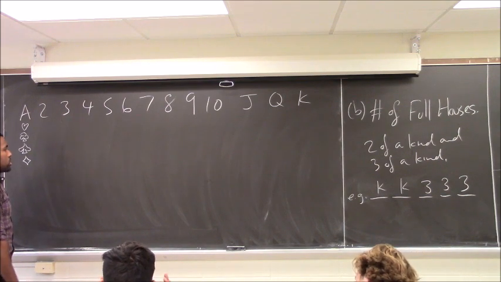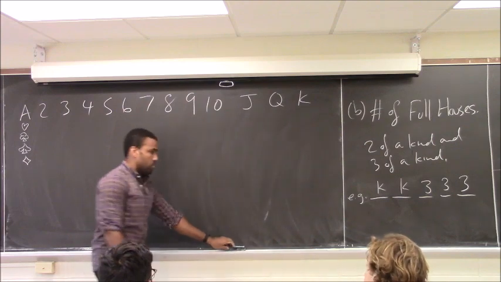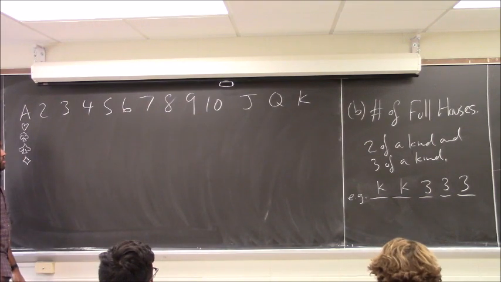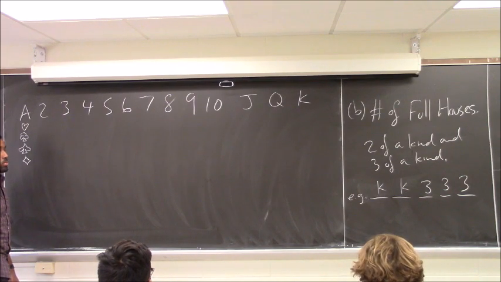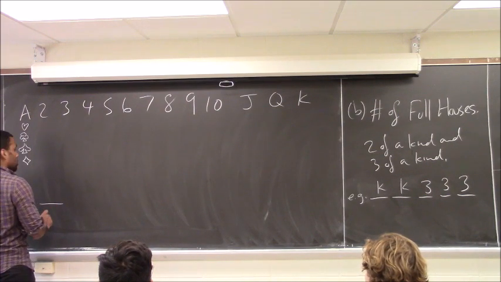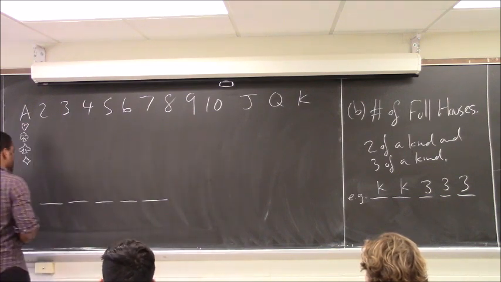How is it that we're going to get a hand like this? So, suggestions. Yeah? So your first card, there's 52 possibilities. Okay. So what do you want to do here?